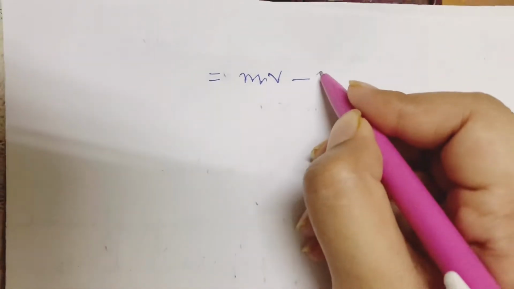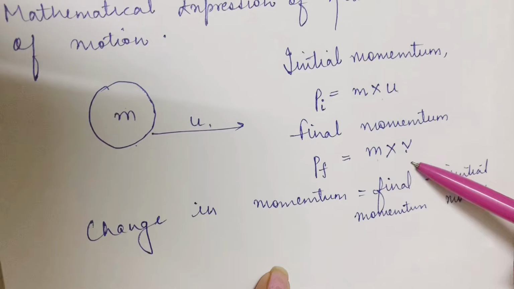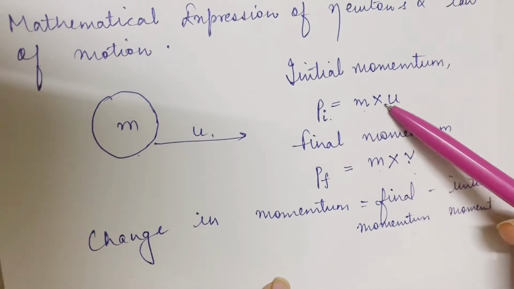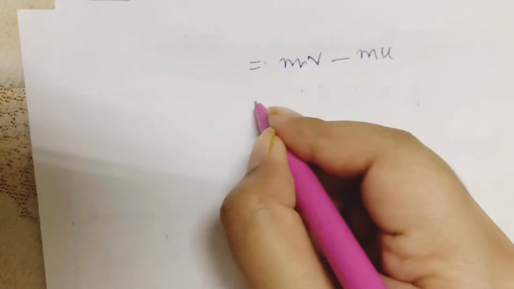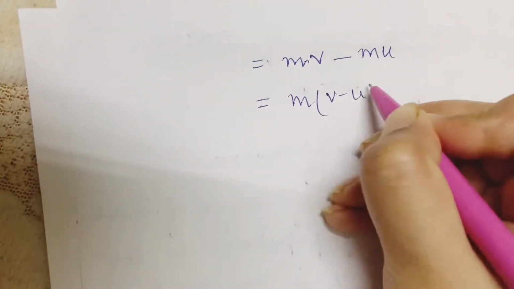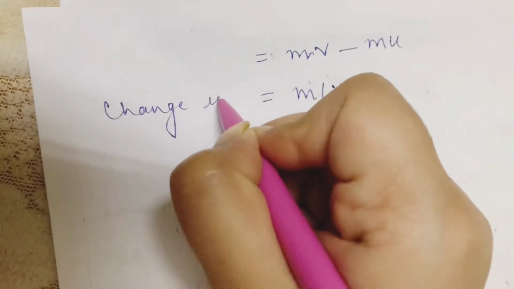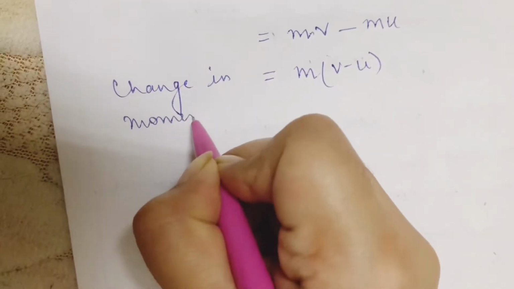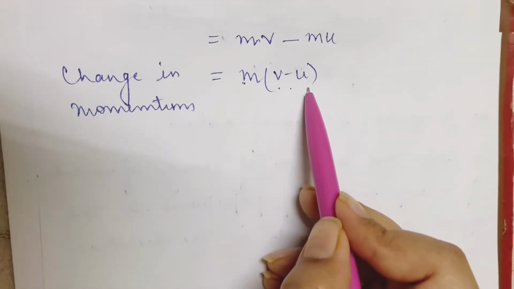Initial momentum is equal to m into u. I just substituted those values in that equation. Can I take m common? Then it will be m(v minus u). So your change in momentum is equal to m(v minus u).